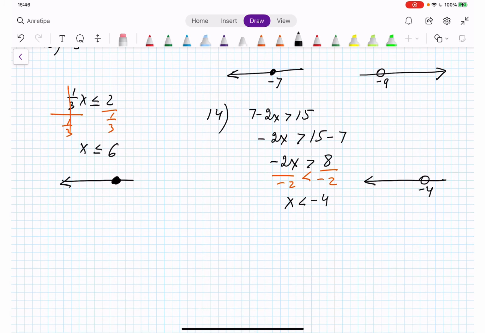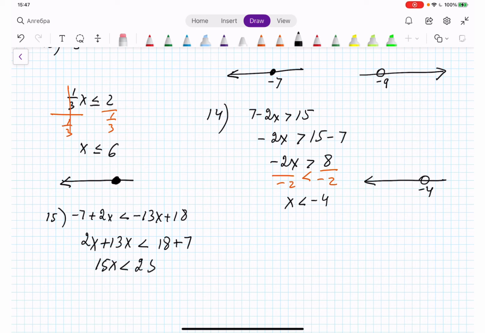Okay, what do we have? Negative 7 plus 2x less than negative 13x plus 18. Let's solve it. I'm moving 2x over. We solve just like an equation. It's going to be plus 13x, and less than 18 plus 7, right? Because we are moving to the other side. 15x is less than 25.